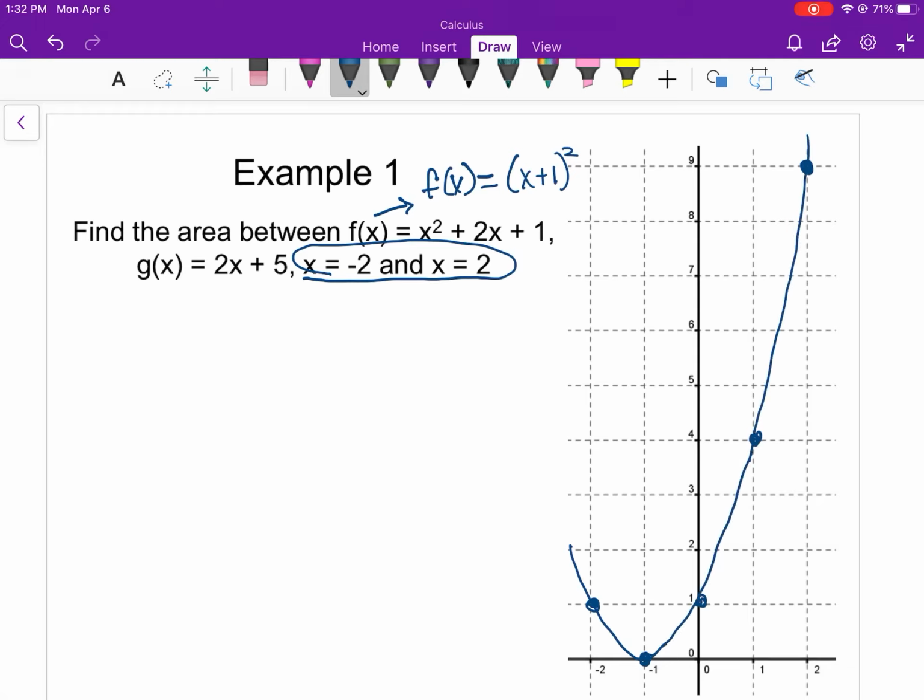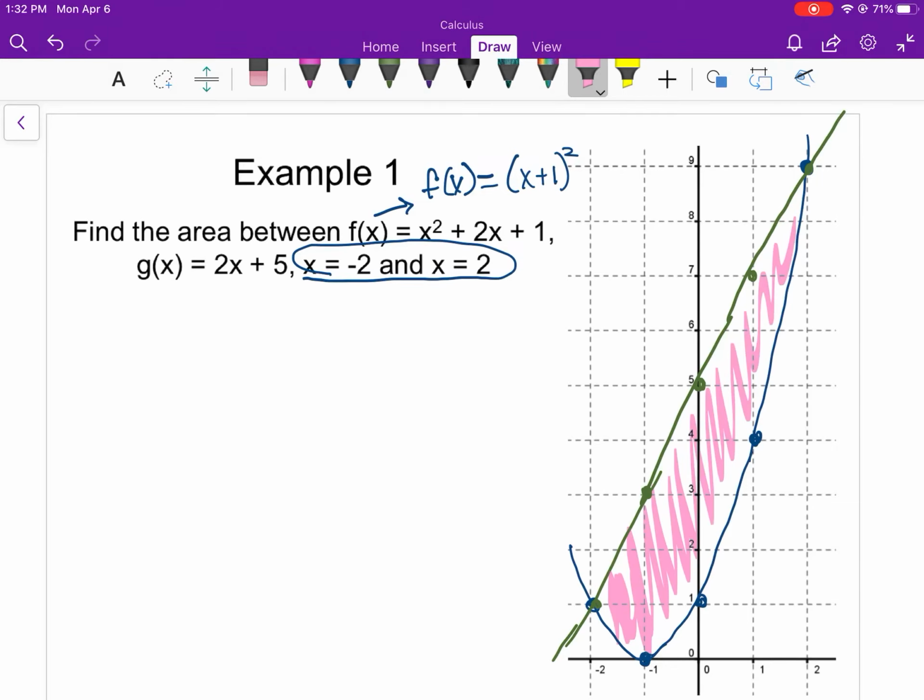All right. The other equation is that of a line, so it has a slope of 2. Let me erase that. It has a y-intercept of 5 and a slope of 2. So the area I'm finding is this area that I have here in pink.